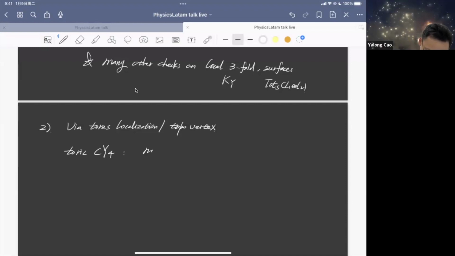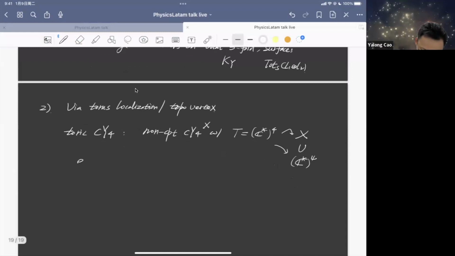Such things are non-compact Calabi-Yau fourfolds with a C star 4 action, and they contain an open part, which is this torus.